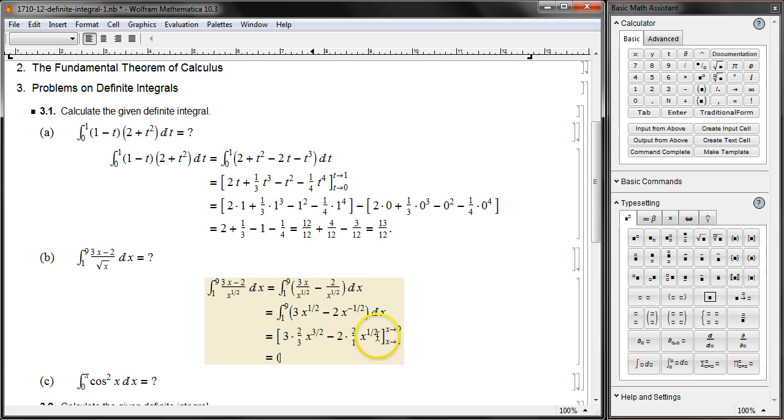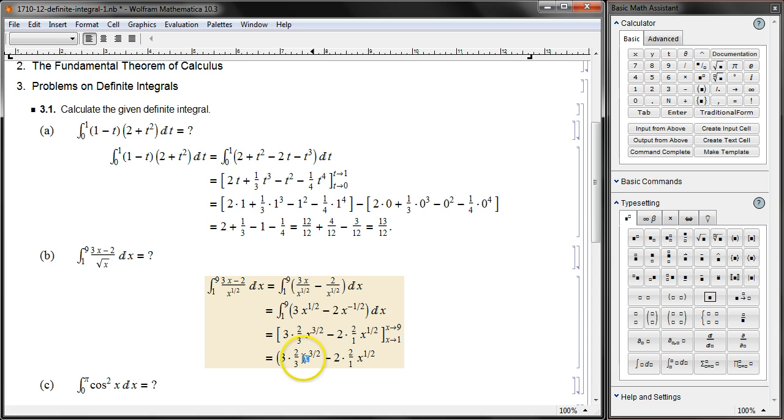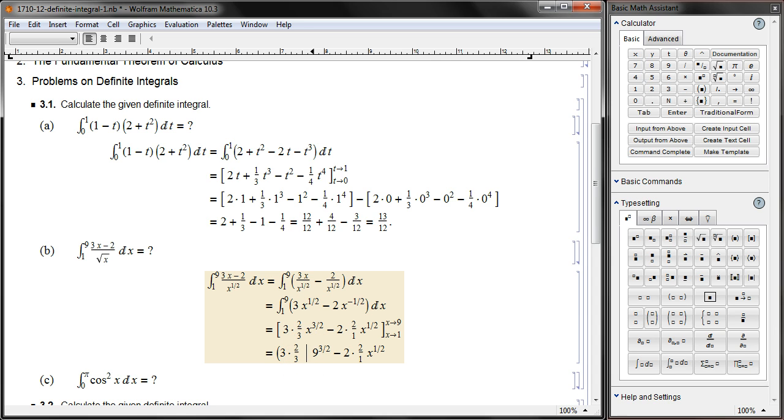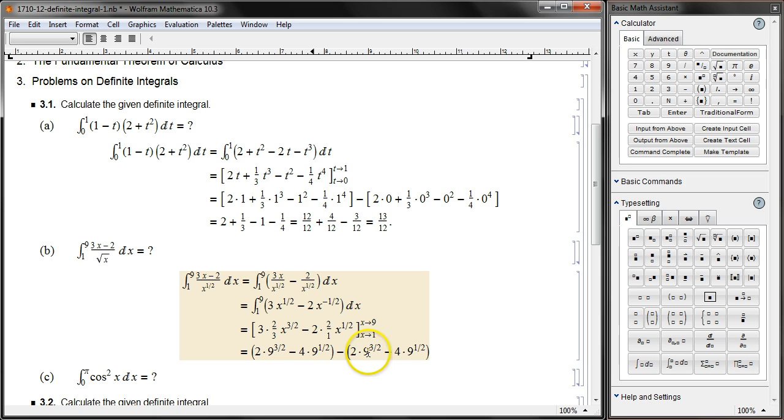So let's plug in 9 here. 9 to the 3/2 power. By the way, 3 times 2/3 simplifies into 2, and this one simplifies into 4, and then plug in 9 over here. All right, subtracting top minus bottom. This time we are plugging in x equals 1, so instead of 9 we have to replace those with 1s here.